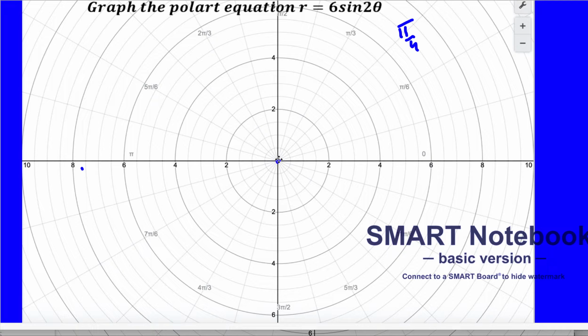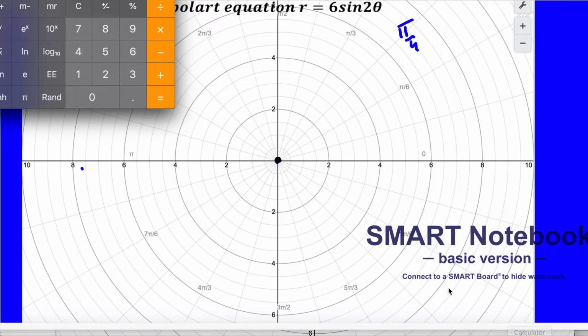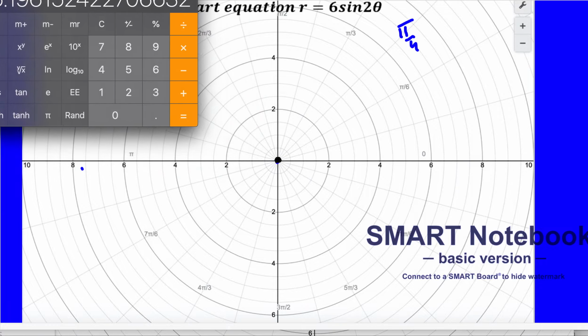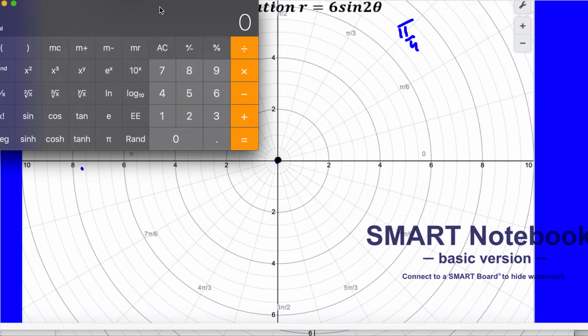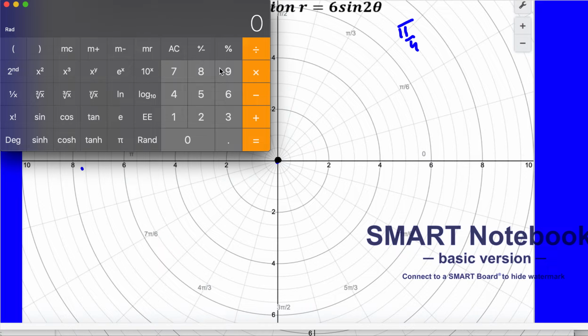Now I'm going to use a black color, okay? And now I'm going to take theta equal to pi over 6. If I'm plugging in pi over 6, 2 times pi over 6, the 2 and the 6 we can simplify, and this is pi over 3. Let me go to the calculator for a quick calculation.